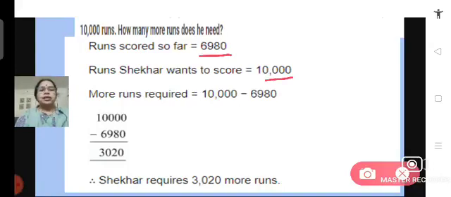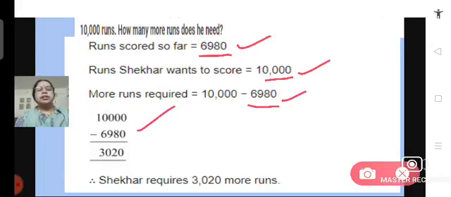So how many more runs are required? What do we do? We subtract 6,980 from 10,000. So runs scored so far 6,980, runs he wants to score 10,000. The more runs required: 10,000 minus 6,980.